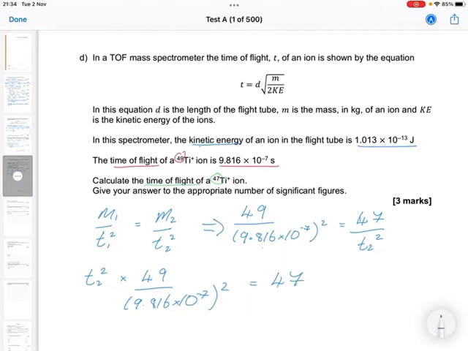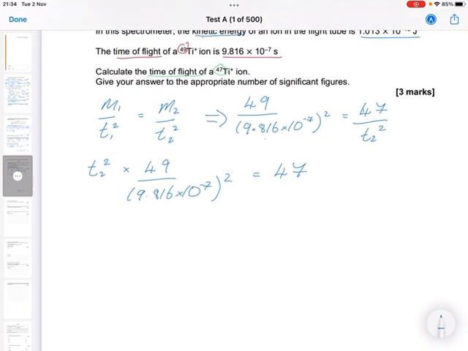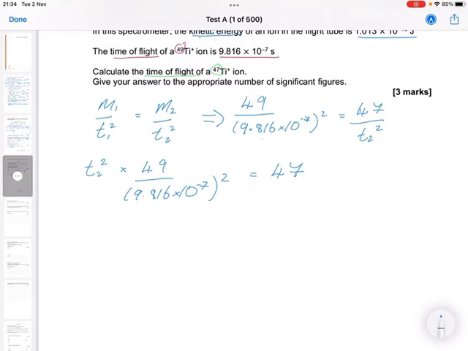And then if I divide both sides by 49 and times both sides by 9.816 times 10 to the minus 7 squared, I get t2 squared equals 47, divide both sides by 49, times both sides by 9.816 times 10 to the minus 7. Of course, on the left, that means that they will cancel out. If I work that out, I get 9.24 times 10 to the minus 13.